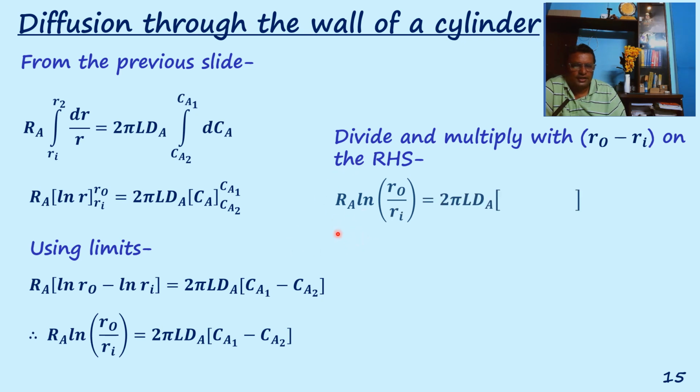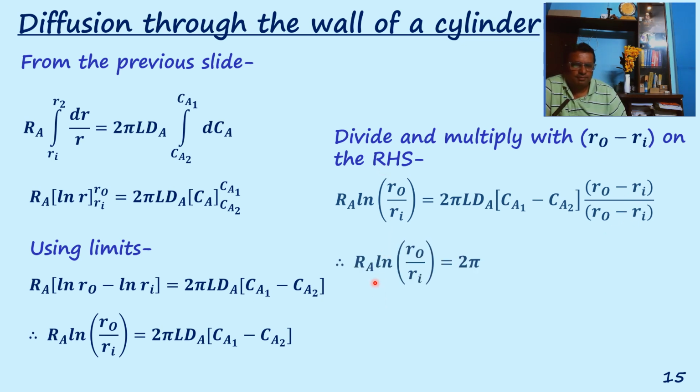So if you do that, you have Ra into ln of R0 upon Ri, that is equal to 2 pi L dA Ca1 minus Ca2, and now we have multiplied with R0 minus Ri, and at the same time we have divided with R0 minus Ri.